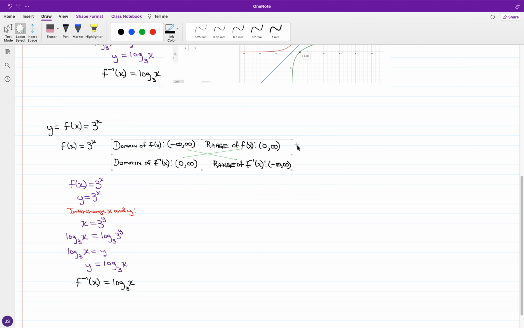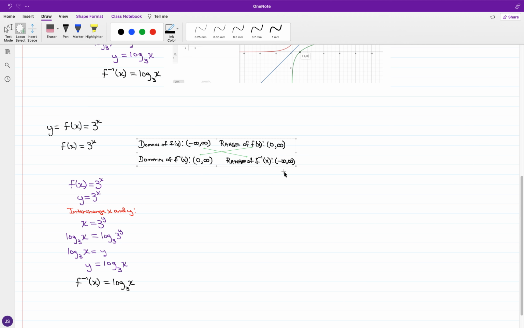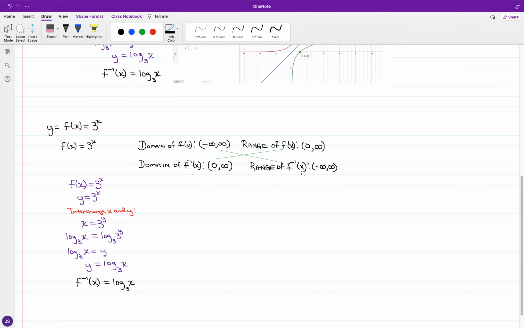But I'm still going to keep the exponential base and term at 3 to the x. And let's say that I have y is equal to f of x is equal to 3 to the x minus 1.